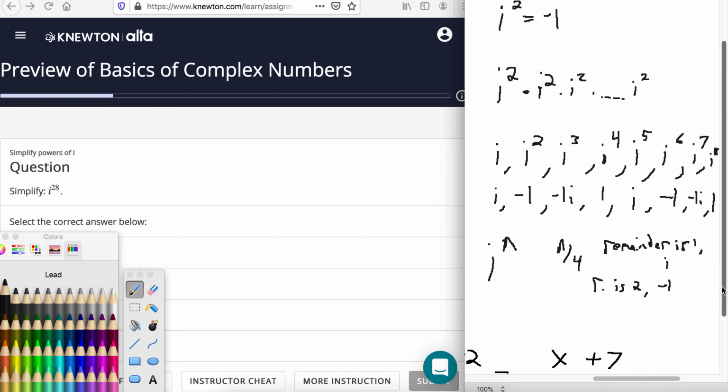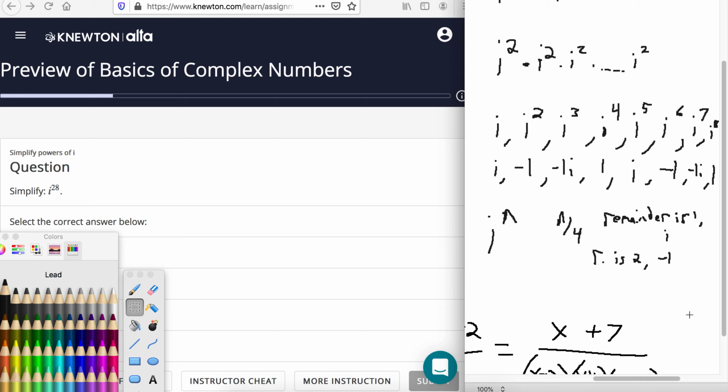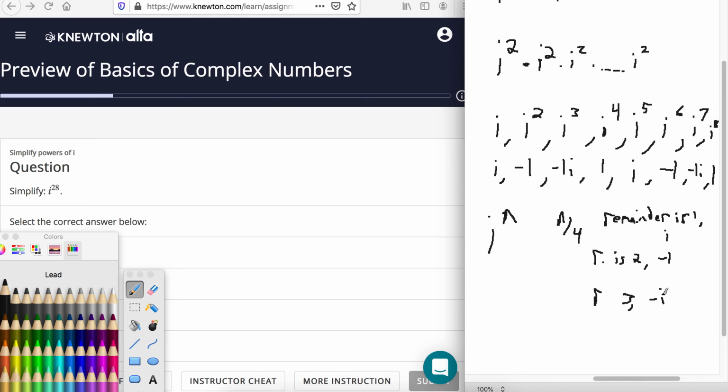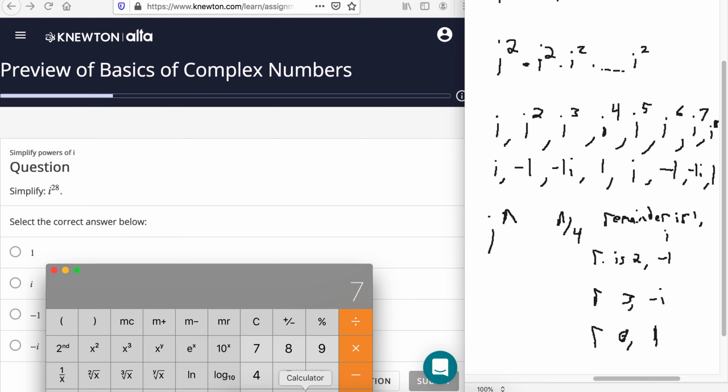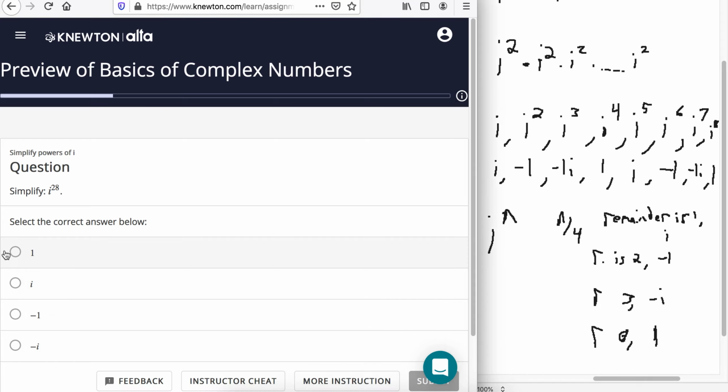If you divide the power by 4 and get a remainder of 3, then it's going to be -i. And if you divide the power by 4 and get a remainder of 0, like 4 divided by 4 or 8 divided by 4, which don't have a remainder, you get 1. So 28 divided by 4 is 7. There's no remainder, right? So we should be saying that this is going to be +1.